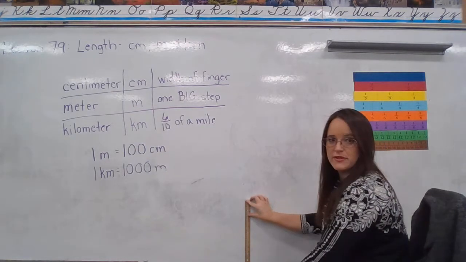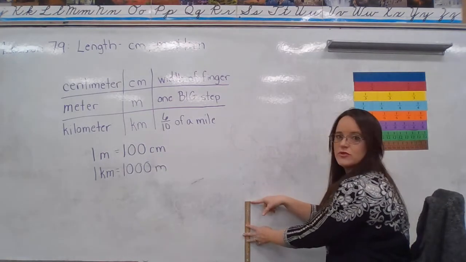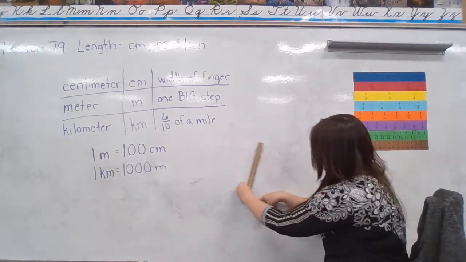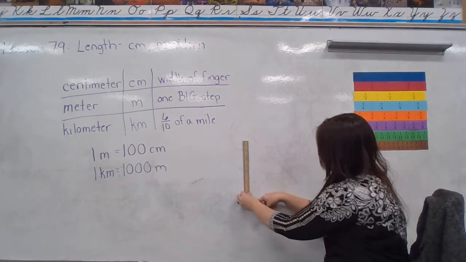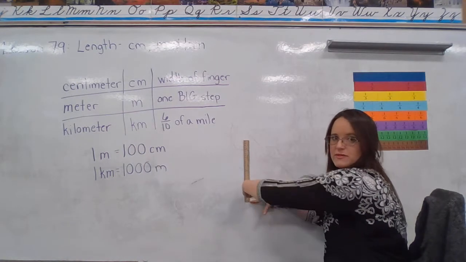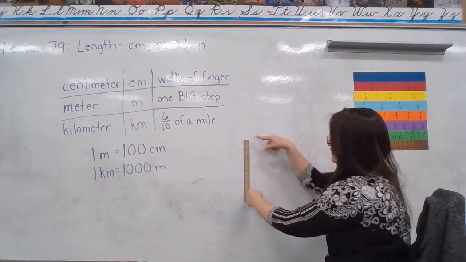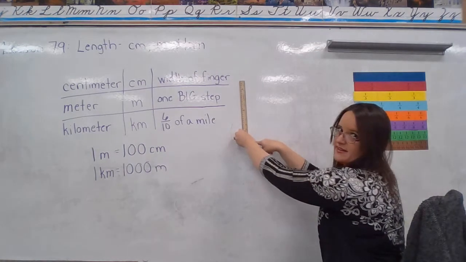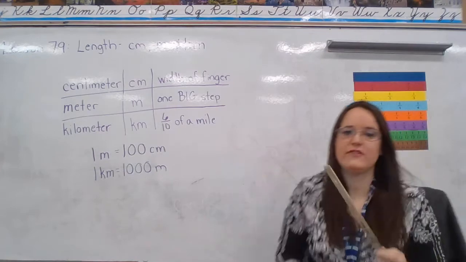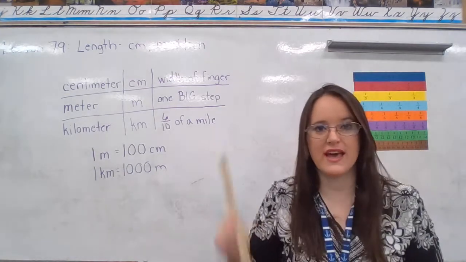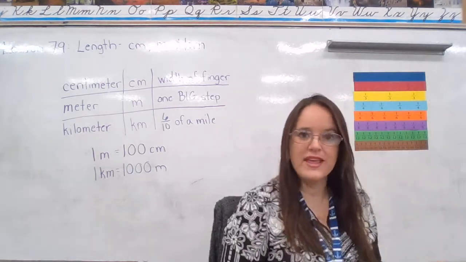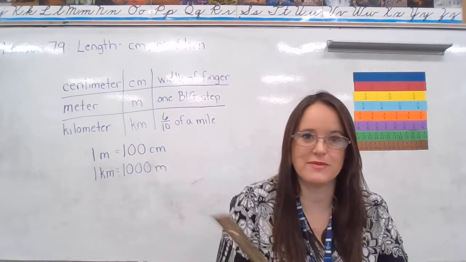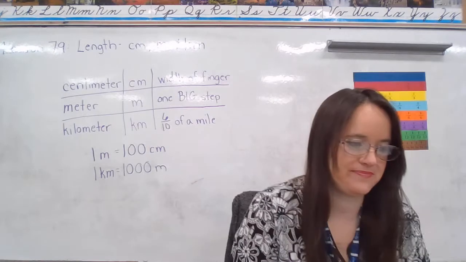I would line it up with the bottom, and then at the edge of the ruler, I'm going to put my finger right there, and then I move the ruler so that now it's lined up the bottom edge with my finger, and then I move my finger and line up the ruler again. If you need some help with measuring the height and width of your door at home, then you can certainly ask a brother or sister or a parent to help you with moving the ruler, with holding the ruler.